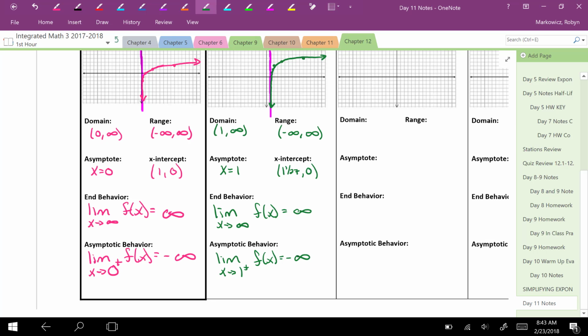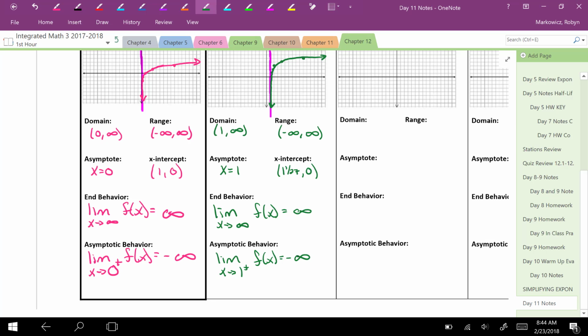Ashley? For the end behavior, why didn't you write 2? Did you just write 1? Because I always write both of them and then transfer. So end behavior is talking about where the graph is going at the end of the graph, where asymptotic behavior is going towards the asymptote. So I just write the asymptote.